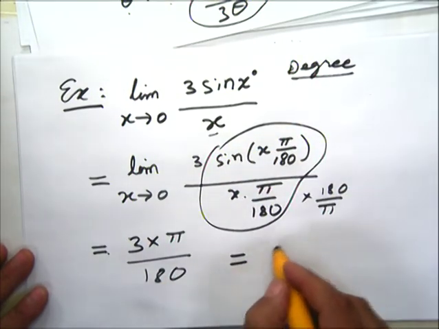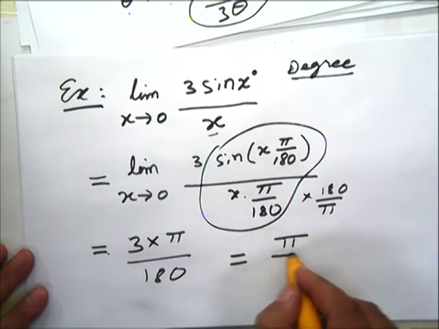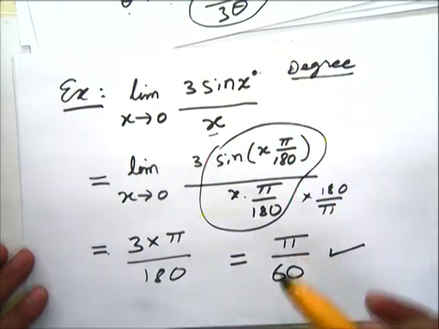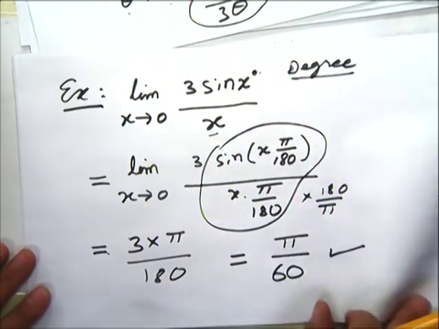So this is equal to pi upon 60. So this is our answer. So when it is given in degrees, we have to convert into radians, okay.